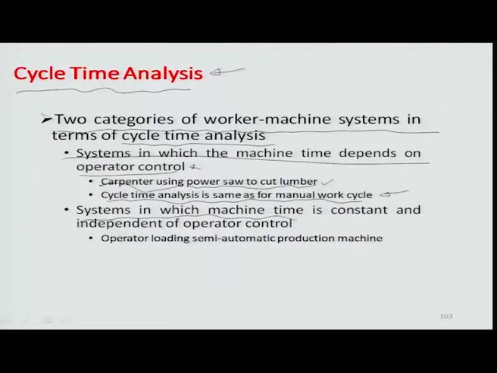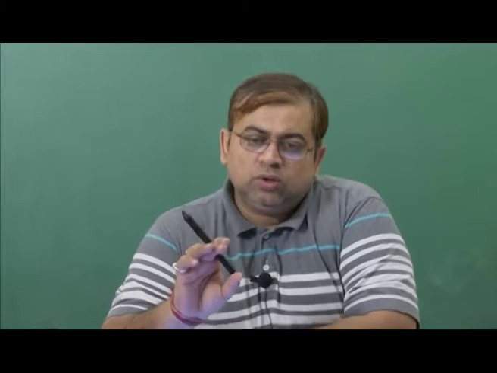Now, there may be yet another class of machines where machine time is constant and independent of operator control. For example, let us say a system which is semi automatic. We were talking about transfer lines for machine shops which have a cluster of CNC machines. Here, the loading and unloading time is the time which the operator needs.